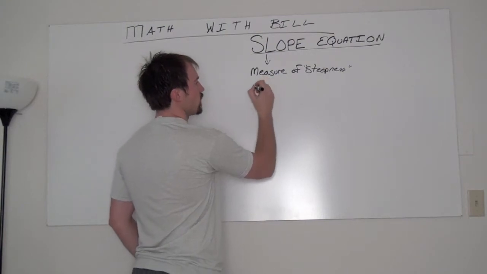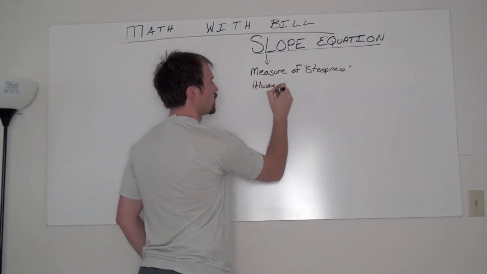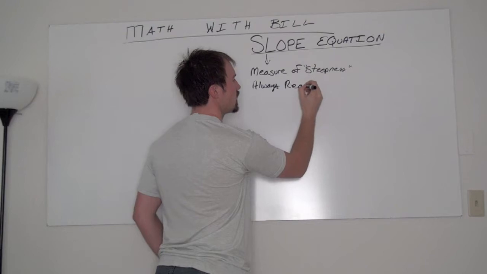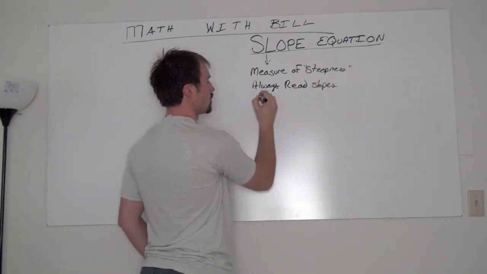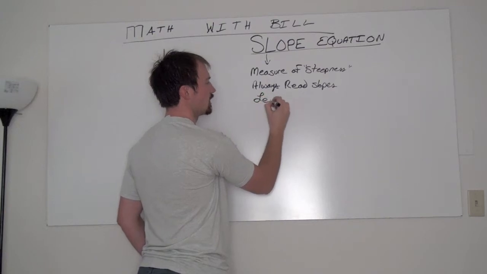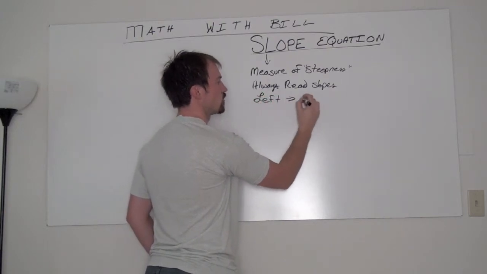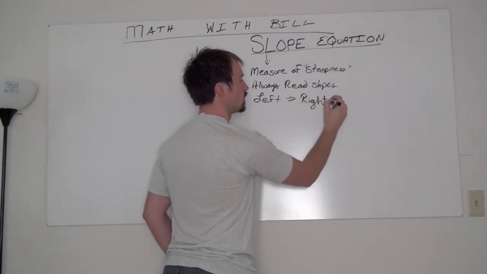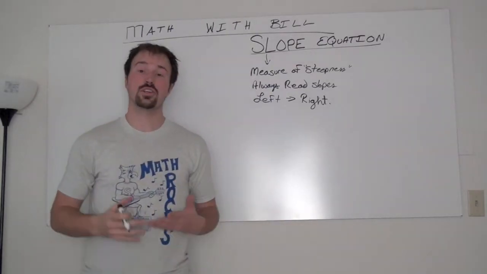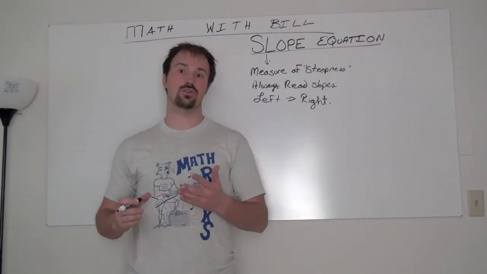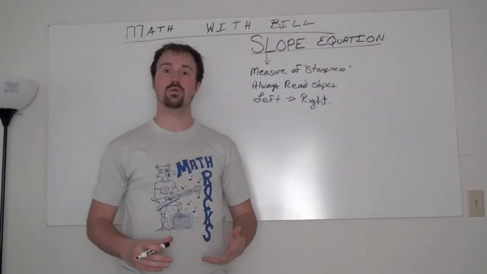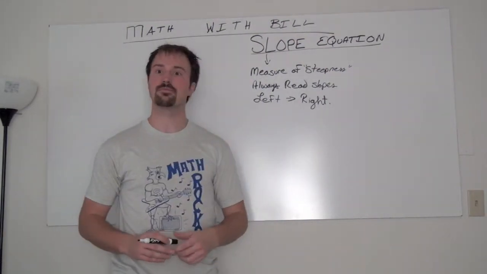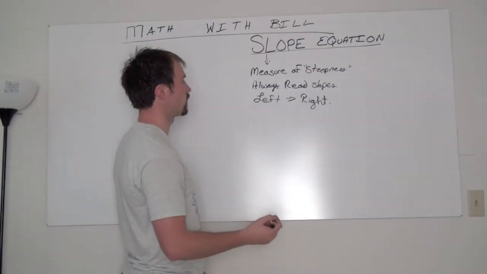A neat thing about slope is that we always read slopes like a book, so that's going to be left to right. Just like we read a book left to right, we're also going to be reading our slopes and all of the graphs that you work with left to right. And that's going to prove pretty valuable to us.